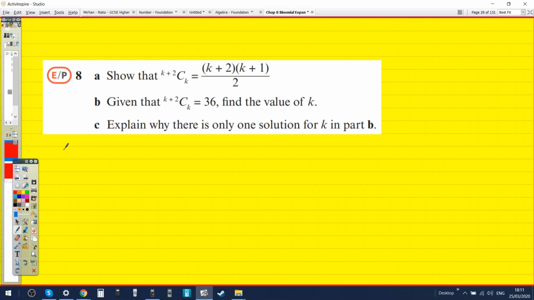I think that the top would be k plus 2 is the first one. Then the second one is basically k plus 2 take away 1. What is that? K plus 1. And keep going. K. Yes. And I think it would stop there.